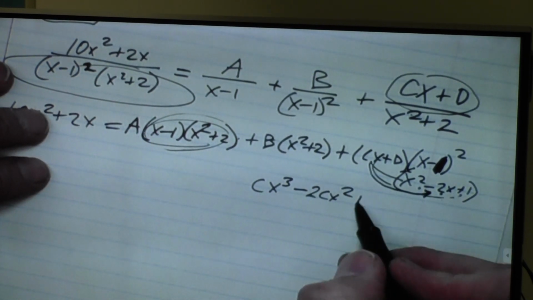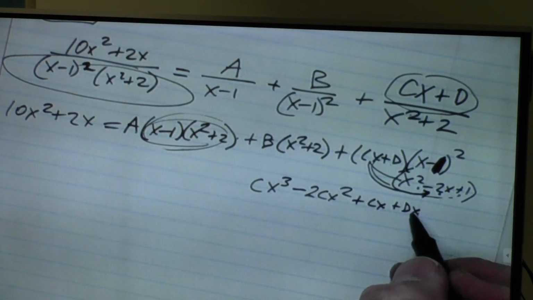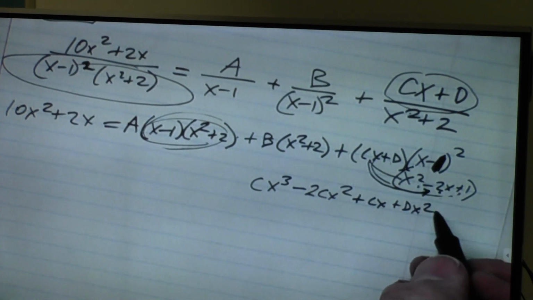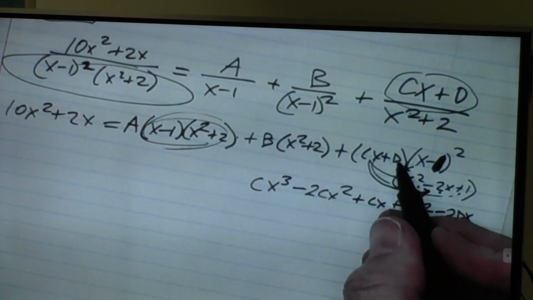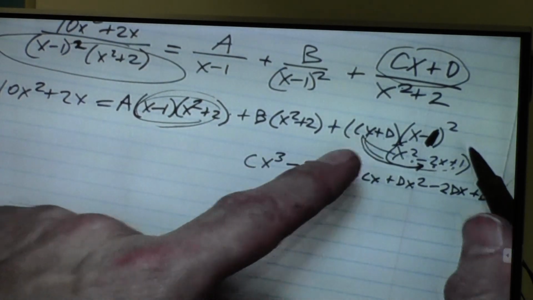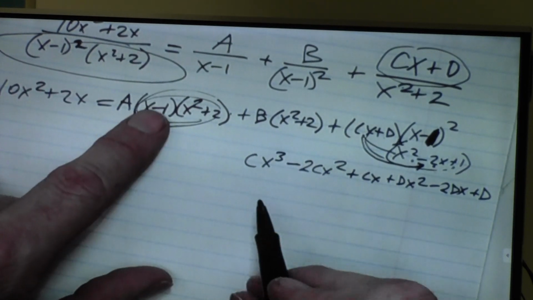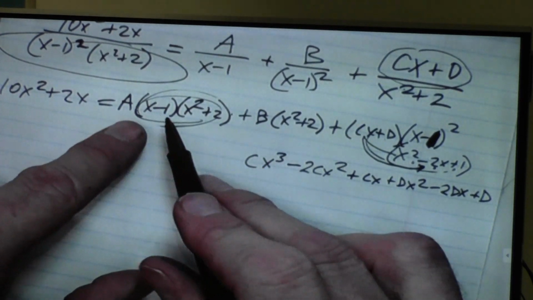And then cx times 1 is cx. Then we do it with the d, plus dx squared. D times that is negative 2dx, and d times 1 is plus d. So this one becomes all of those. When you do the other ones, you get another cube over here, so you end up with an ax cubed.